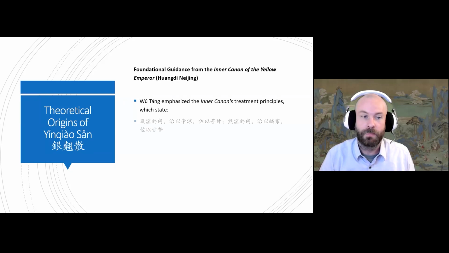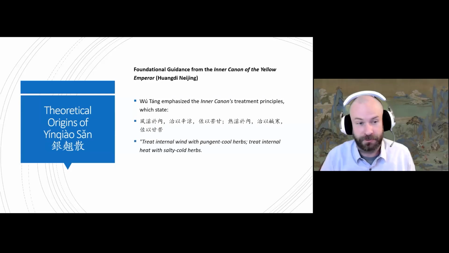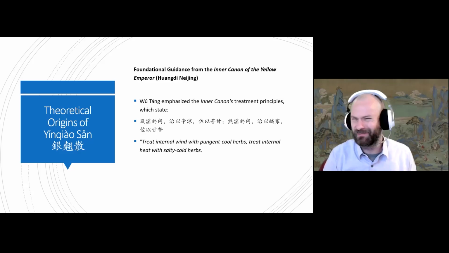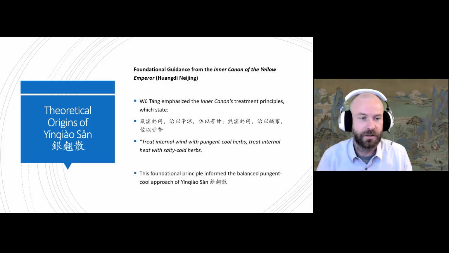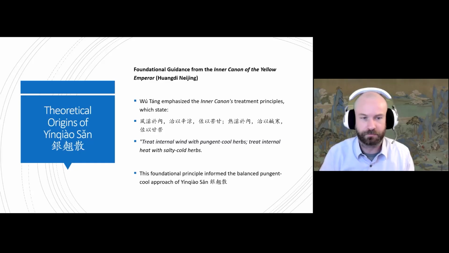He quotes flavor principles: treat internal wind with pungent cool herbs, treat internal heat with salty cold herbs. These are from the Su Wen, chapters like 66 to 74. I'm not sure exactly which one, but it's around there. He says this foundation principle informed the balanced pungent cool approach of Yinqiào Sǎn.